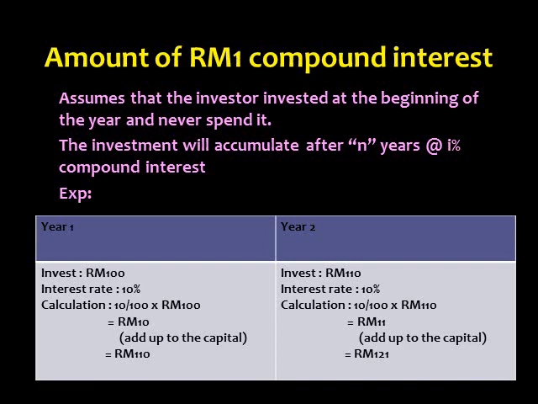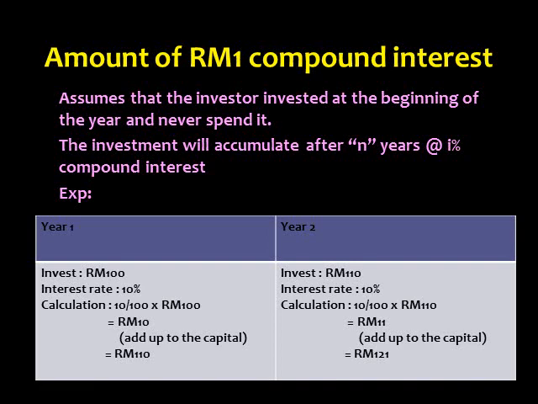Because you are not spending this interest earned, it will be added to the capital, so the total amount of money you have now is 110. This 110 will be carried forward to year 2. On year 2 your investment will have 110 plus the interest rate of 10%, so your money will accumulate to 121 ringgit.